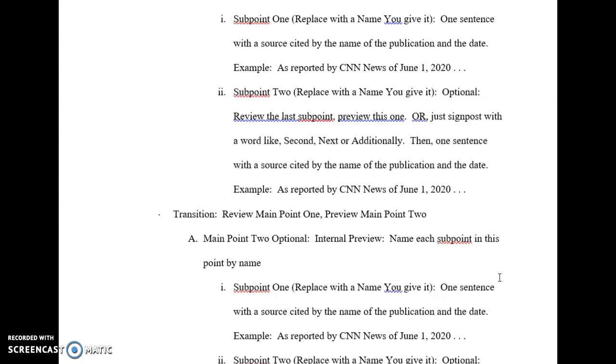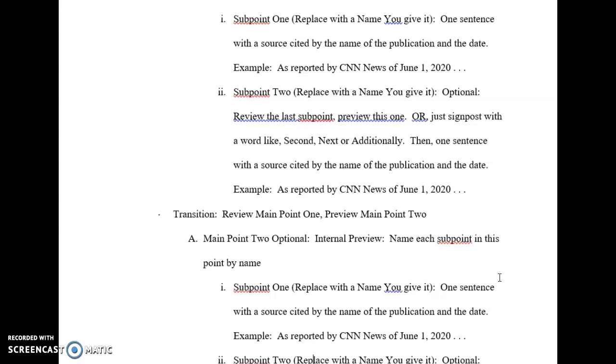And again, you have this option to have an internal transition, which would be reviewing the last subpoint and previewing the next subpoint. You only need that if you've used an internal preview. If you don't want to worry about internal review and internal previews, that's fine.